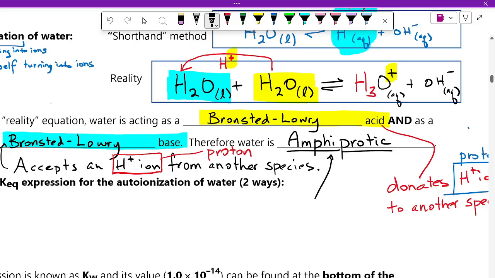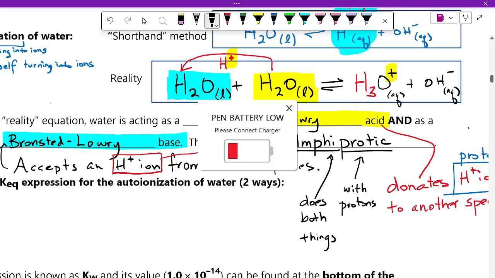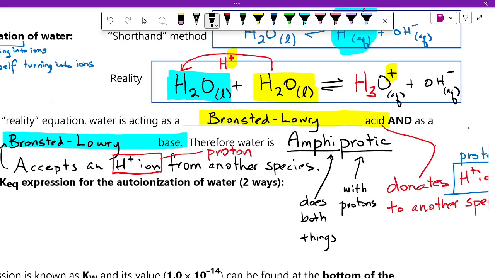It does both things with protons. And by doing both things, I mean donates and accepts.